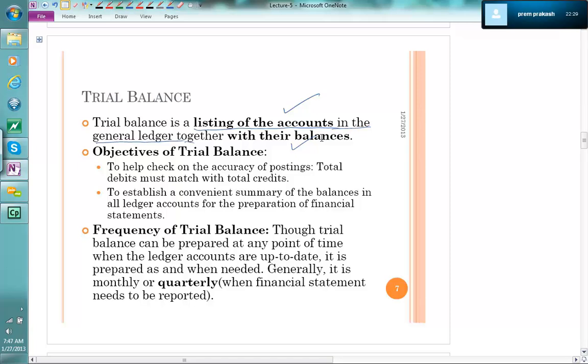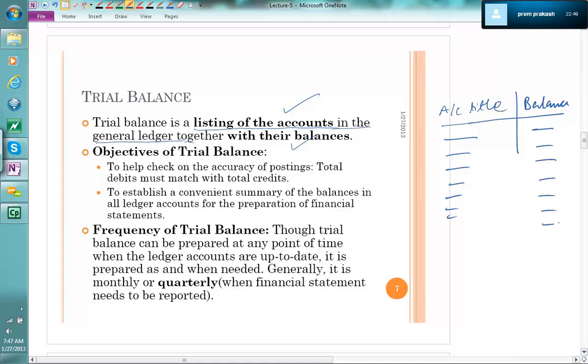So what are the two items you will have? You will have the account title, the name of the account, and then you will have the balance in that account. So it is a listing of all the account titles, and on this side you will have the balance.